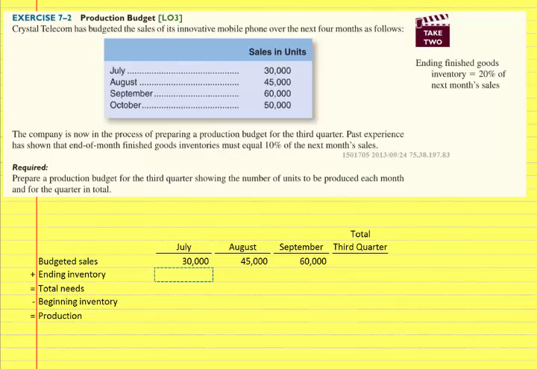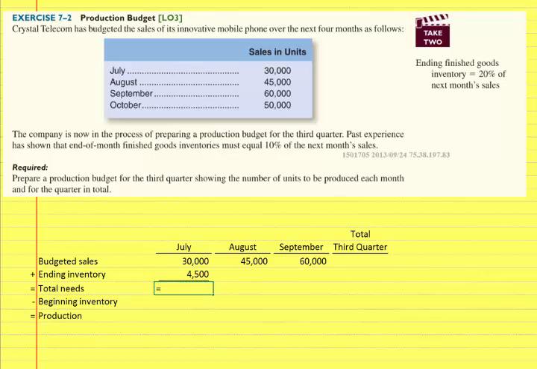Now let's take a look at the solution together. My ending inventory for July should be 10% of August sales. So I'm going to say equals 0.1 times August sales of 45,000. And that gives me 4,500 ending inventory for July. And now my total needs for July consist of 30,000 that I want to ship to customers and 4,500 that I want to have left in ending inventory.